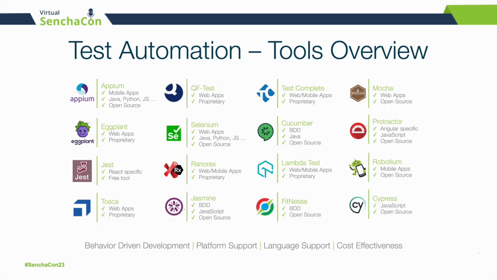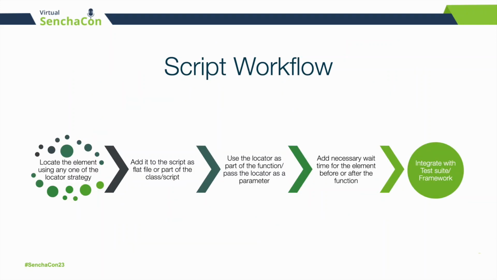And even we can use Ranorex on multiple platforms. And there are a few tools which are targeted to a particular platform or particular application like Appium, Robotium. Let's move on to the next slide.